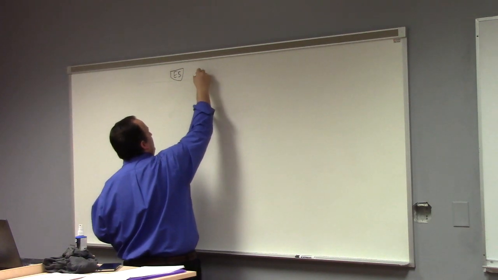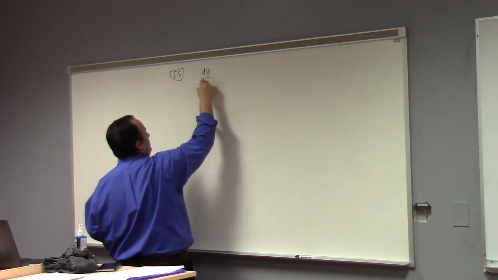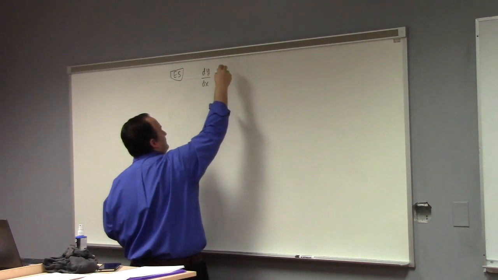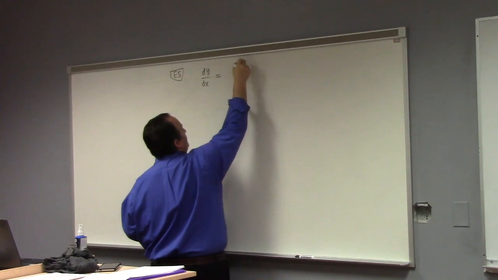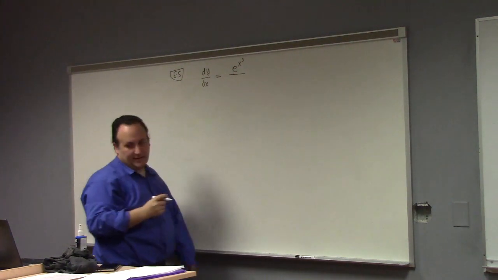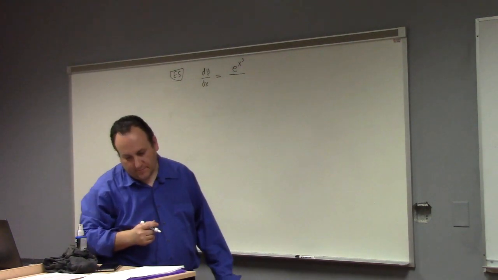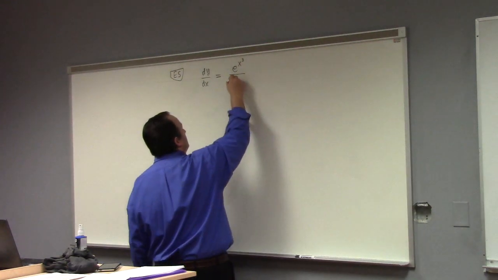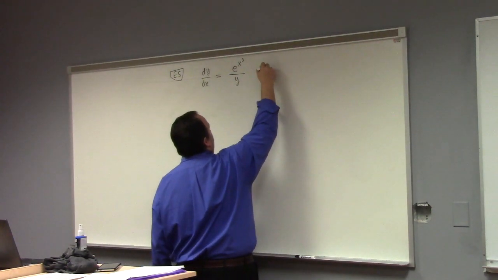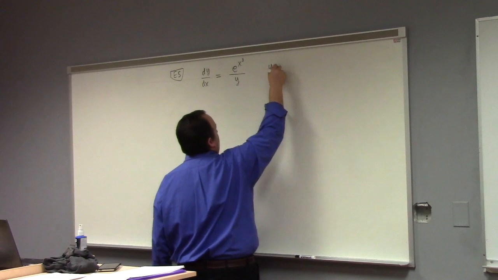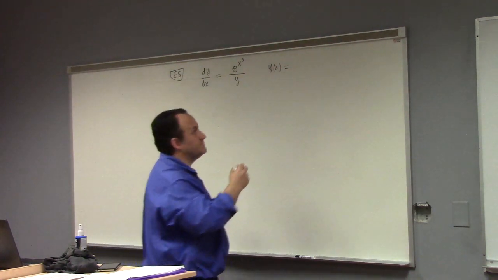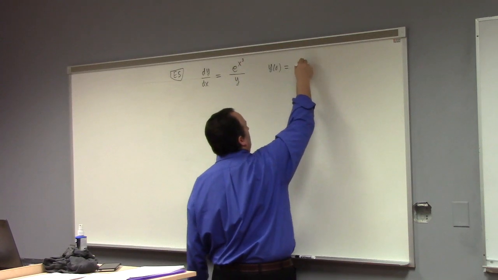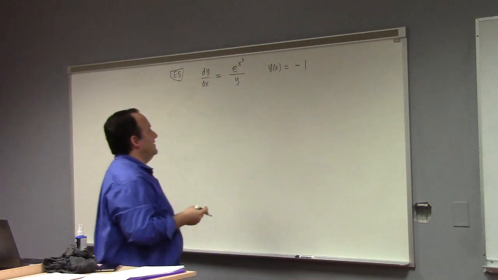What if I was up against the solution of, say, y prime equals e to the x cubed divided by y, and I know that y of 0 is equal to -1. So how should I solve this?